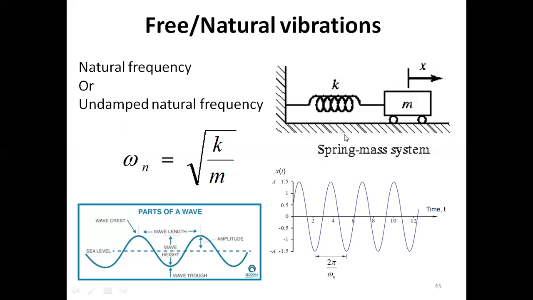And the damping, we discussed last time, represents the energy losses which occur during the vibration of the system in the form of friction and other resistances. But let's assume that for the sake of simplicity, we are ignoring the damping in the system, meaning that there are no energy losses in the system. The system is a conservative system. The energy is neither going out nor coming into the system.